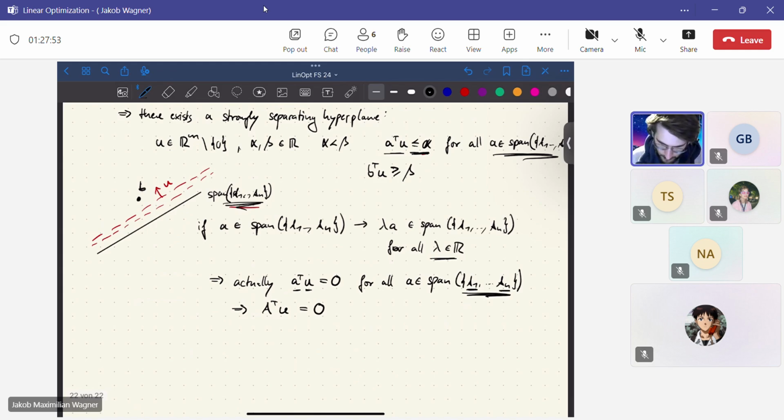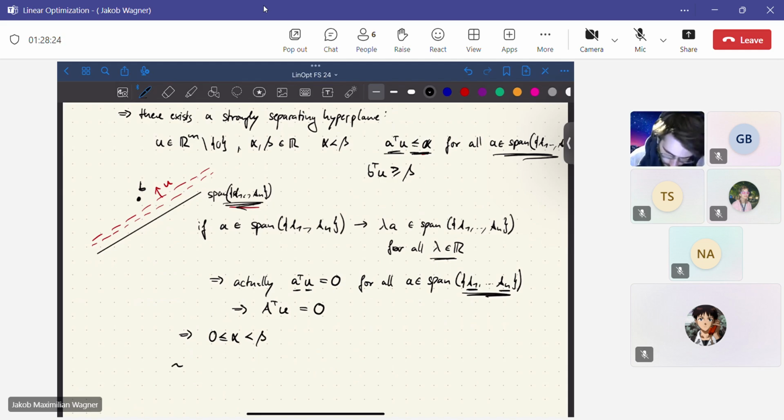Moreover, what did we have? We said that we have here A transpose U is less or equal than alpha, which means that alpha is greater or equal than 0. But we had this strong separation, so the beta is actually strictly larger than this, and thus it's also strictly larger than 0.